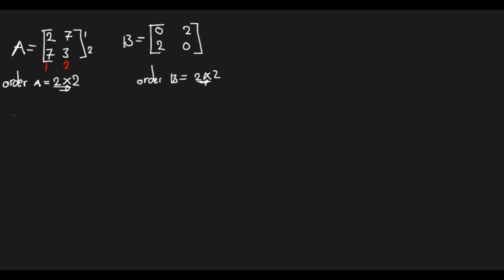Now let's find the sum of A and B. So A plus B. The pattern is you need to begin with the first matrix. So our first matrix here is matrix A with elements 2, 7, 7, 3, plus matrix B with elements 0, 2, 2, 0.